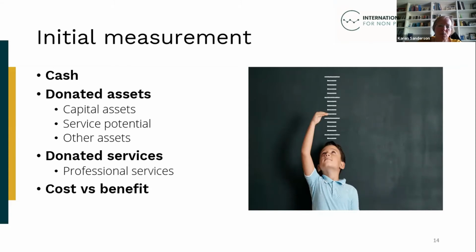being provided. Services provided on a commercial basis may be more easily measured than other services, as market prices might exist. But where a service would have been purchased if it hadn't been donated, again, it might be more easily measured. And I think there is also a stronger argument for recognition.